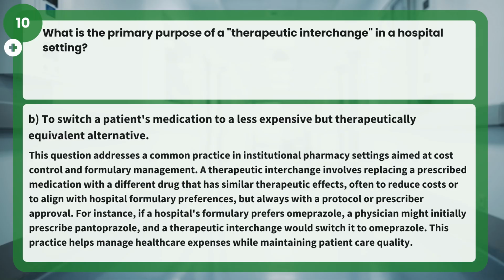For instance, if a hospital's formulary prefers omeprazole, a physician might initially prescribe pantoprazole, and a therapeutic interchange would switch it to omeprazole. This practice helps manage healthcare expenses while maintaining patient care quality.